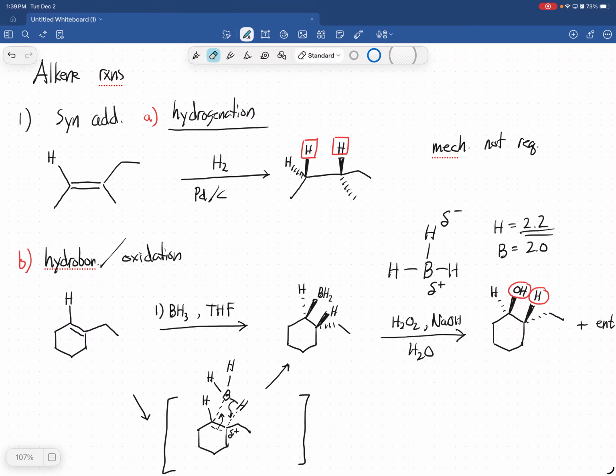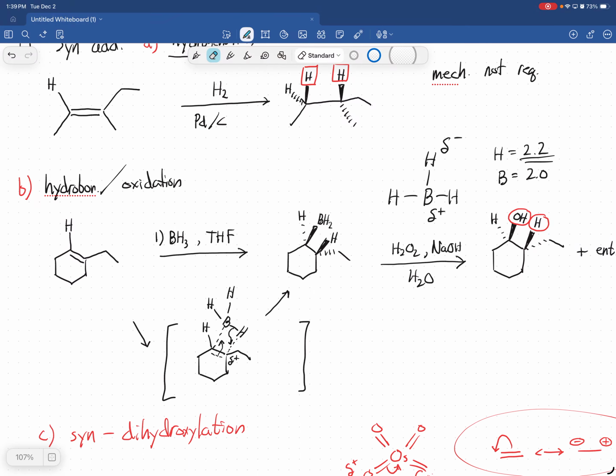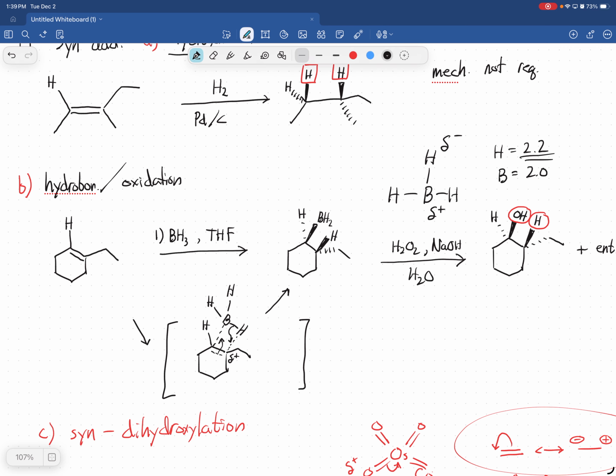Hydroboration oxidation. What kind of regioselectivity is it? So here we should mention that in terms of stereo, it's syn. What about regiochemistry? Markovnikov or anti?